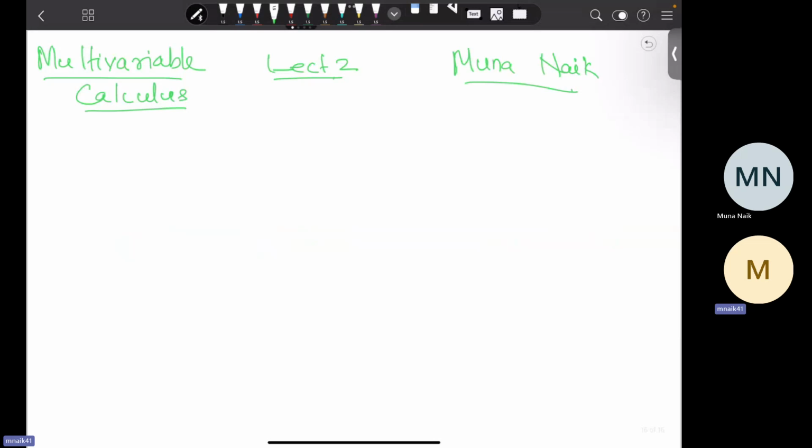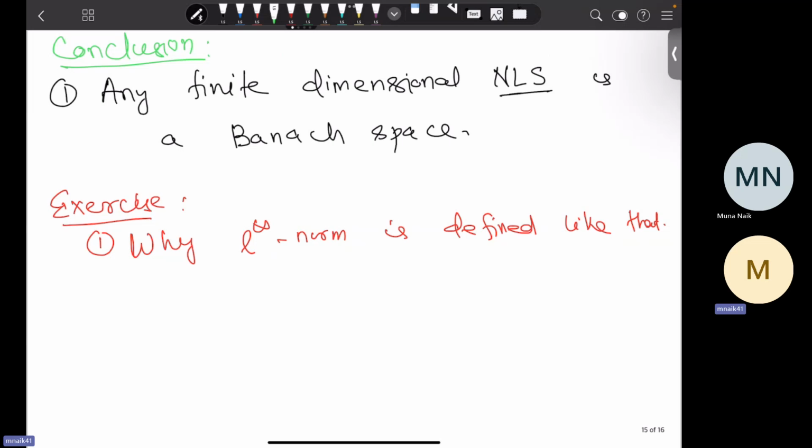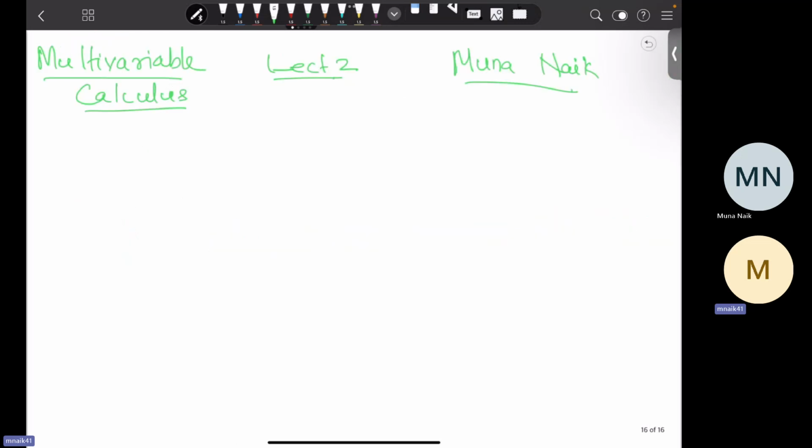And in particular, on any finite dimensional vector space, any two norms are equivalent. That means any two norms on a finite dimensional vector space will induce the same topology. Okay. So now onwards on Rn, we will always fix this L2 norm.